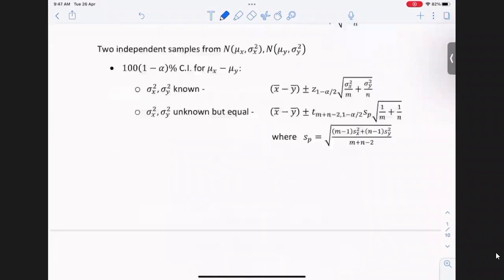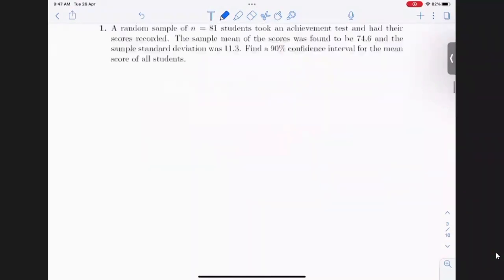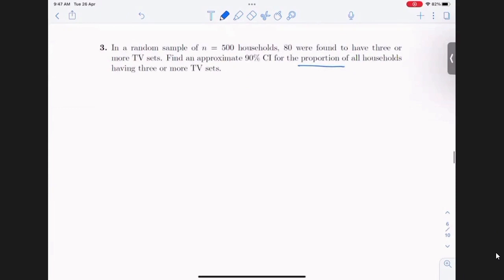To find the confidence interval for proportion, from this summary, we see that we can use this formula. The approximate confidence interval for p is given by this. So we want to find a 90% confidence interval for the proportion p, and this is the formula we need to use.